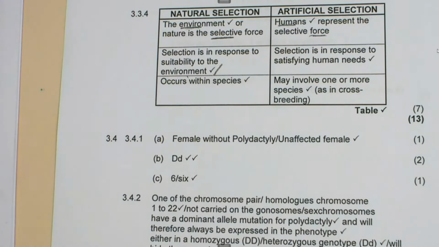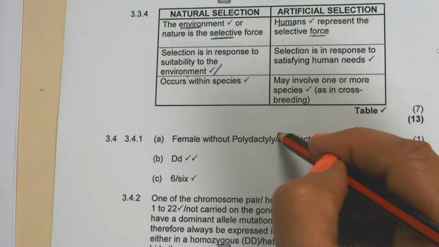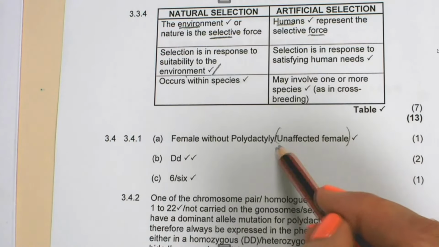Phenotype: the phenotype is female without polydactyly, or unaffected female. We must try to get away with this one.